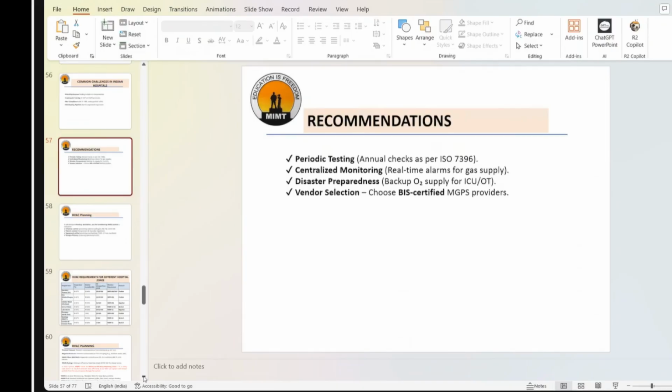Suppose a critical operation is going on, and कोई earthquake आ गया, and there is a chance कि कुछ गड़बड़ हो सकता है, then you have to shift the patient, you have to shift the place also. So for that shifting, you must do some kind of disaster planning. If something goes wrong, then at least you can take some action.